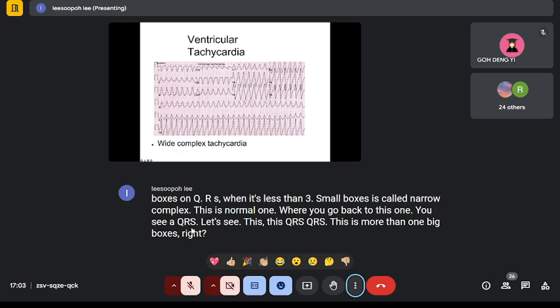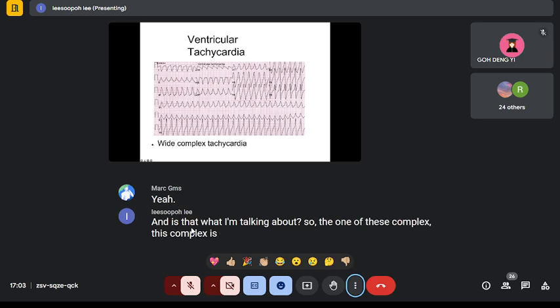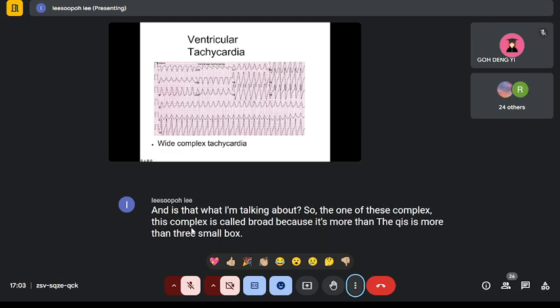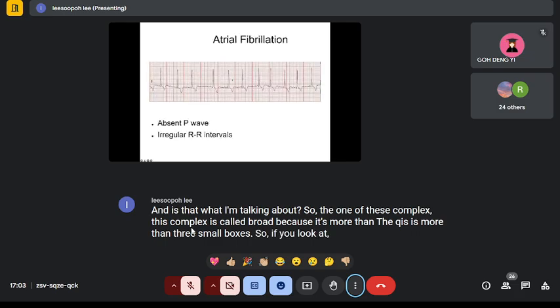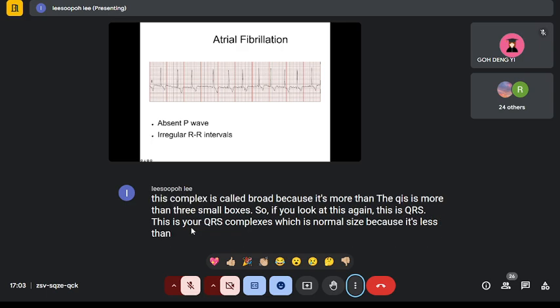Understand what I'm talking about? This complex is called broad because the QRS is more than 3 small boxes. If you look at this again, this is your QRS, which is normal size because it's less than 3 small boxes. So this is a narrow complex.